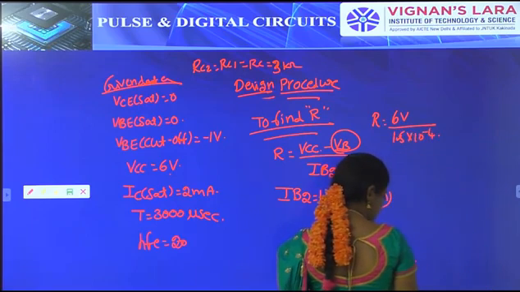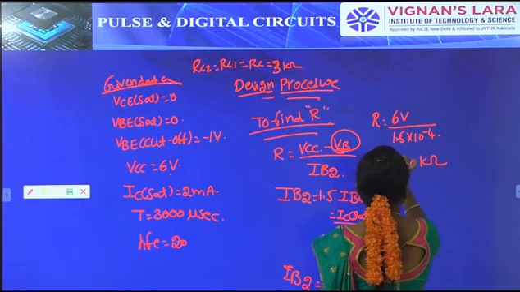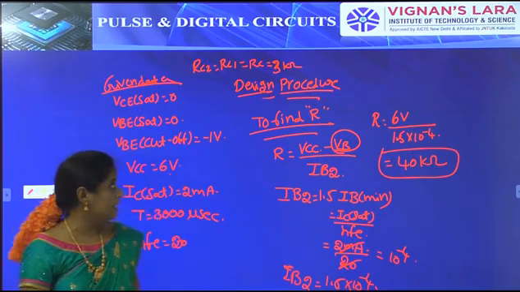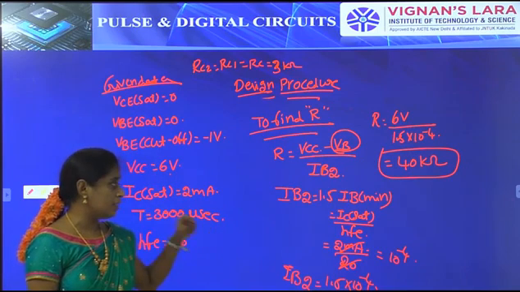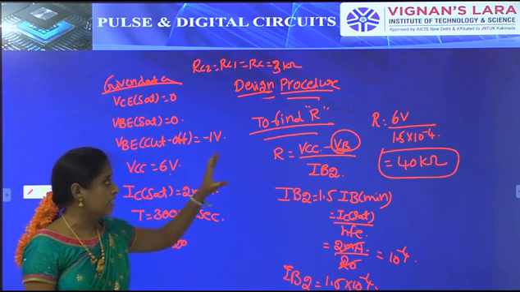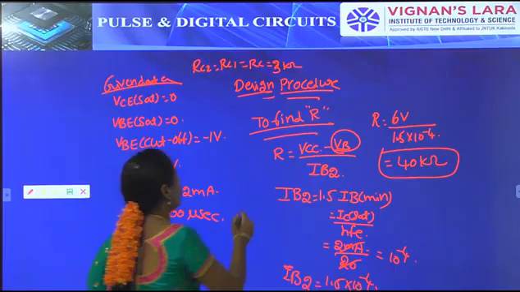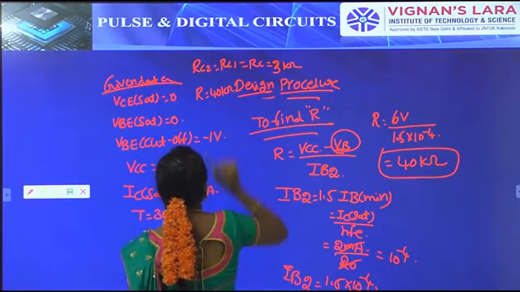Simply this value will be 40 kilo ohms. So R is equal to VCC minus VB by IB2. From the IB2, which is 1.5 into IB minimum, we get the resistor R equal to 40 kilo ohms.